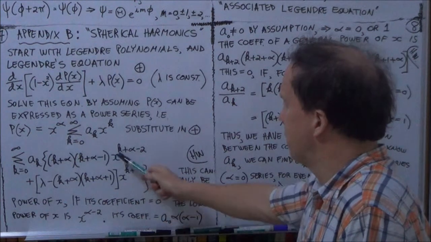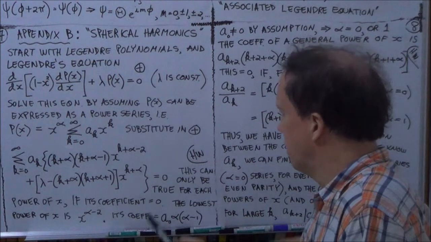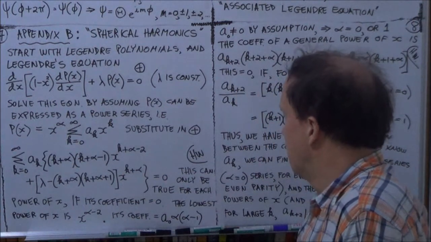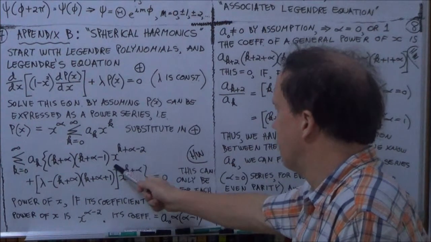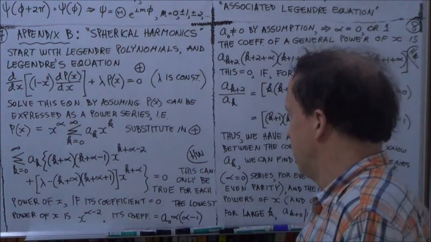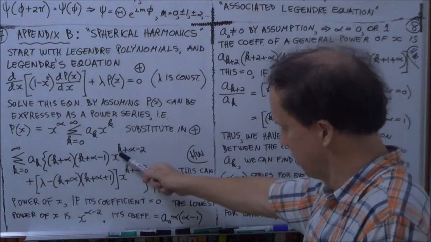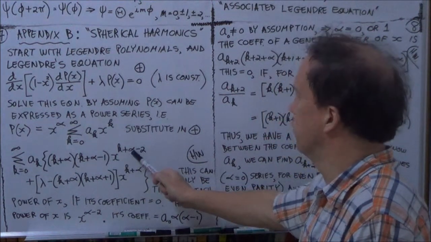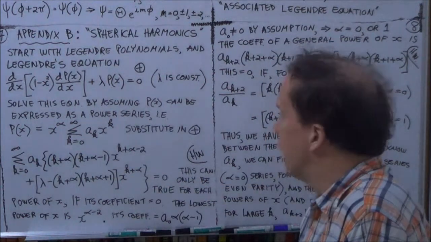Now, what's the smallest power of x you can get in this equation? Well, remember k ranges from 0 to infinity, so the smallest power of x in the whole sum would be x to the alpha minus 2, right? Because k is 0. Now, if k is not here, you've got x to the alpha, but this is x to the alpha minus 2. So this one here is the smallest power of x.